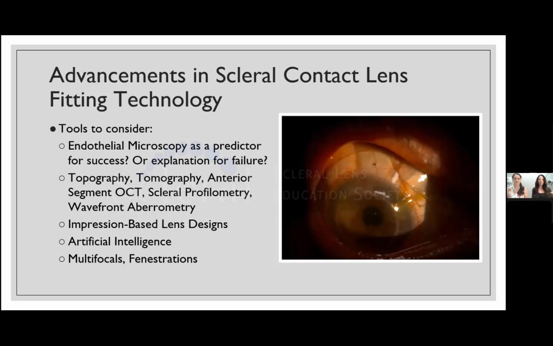Now, we've gone from kind of grassroots fittings, old fashioned, whatever you want to say, which we'll get into, with very minimal equipment. And in fact, I'm going to guess that there are a lot of fitters out there tonight that come from clinics with maybe not every piece of equipment that you see on this slide. Maybe not everyone has a tomographer. Not everybody has scleral profilometry.